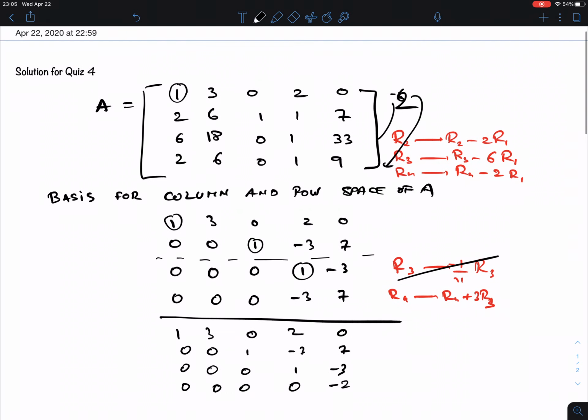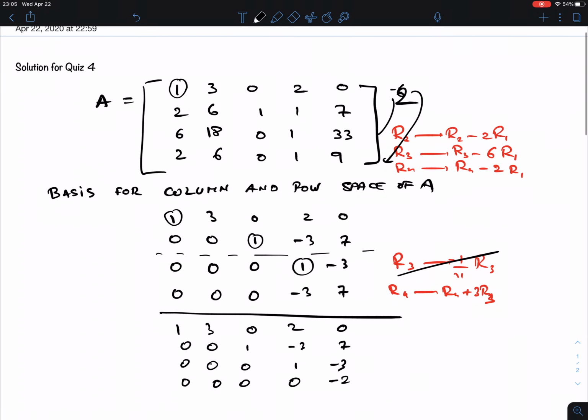Okay, I did something wrong. In this row, I had to multiply with negative 2 and add. Where does this 7 come from? This was a 9. Okay, and so now we multiply this with 3 and add it up to the other one, so we get 0 here.